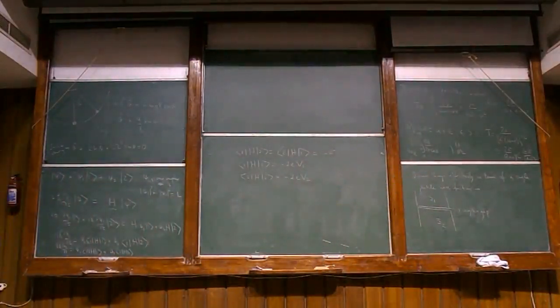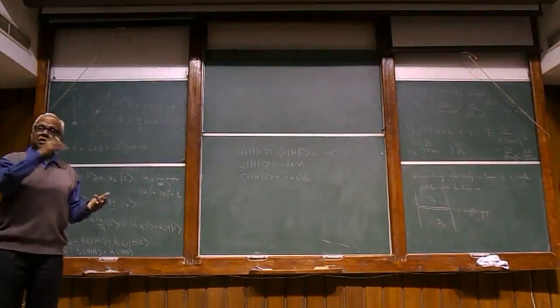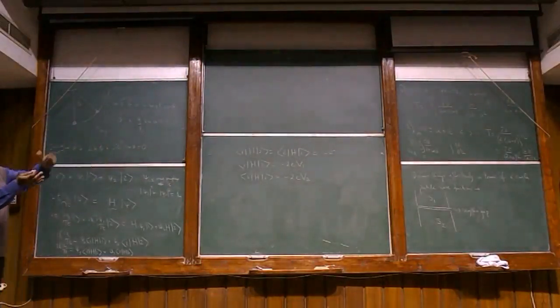So these V1, V2 are internal properties. That's the ground state energy difference which I'm writing.